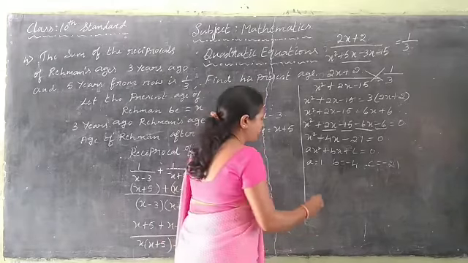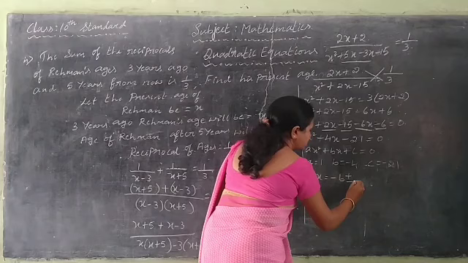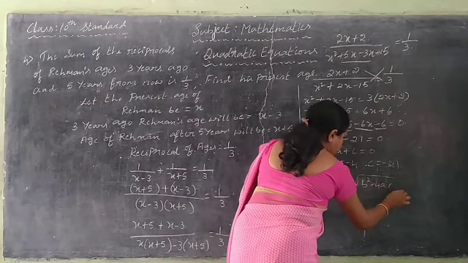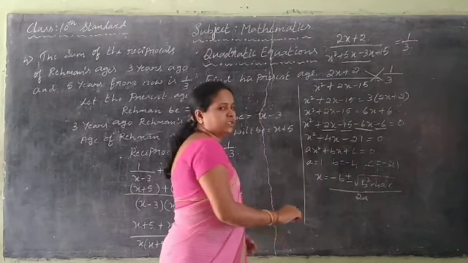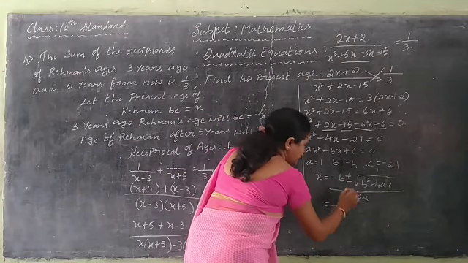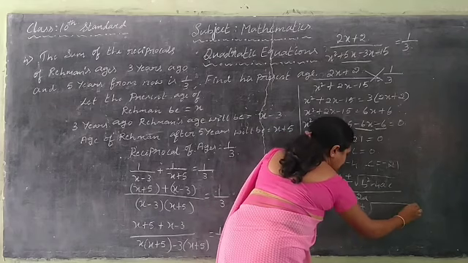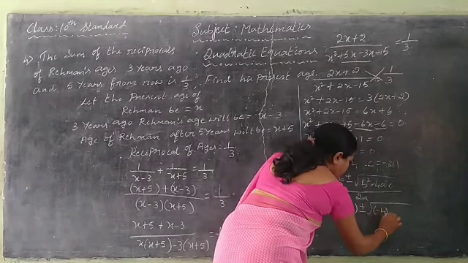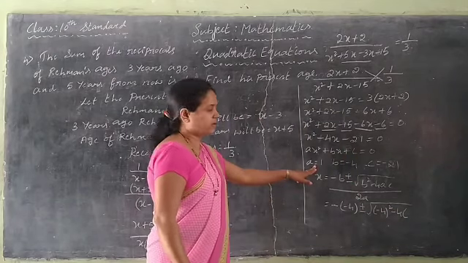Okay. Now we write the formula. x is equal to minus b plus or minus square root of b square minus 4ac, divided by 2a. Got it? Now write down this minus as it is. Then write the value of b, that is minus 4, plus or minus square root of b square, minus 4 whole square, minus 4 into a. What is the value of a? 1.